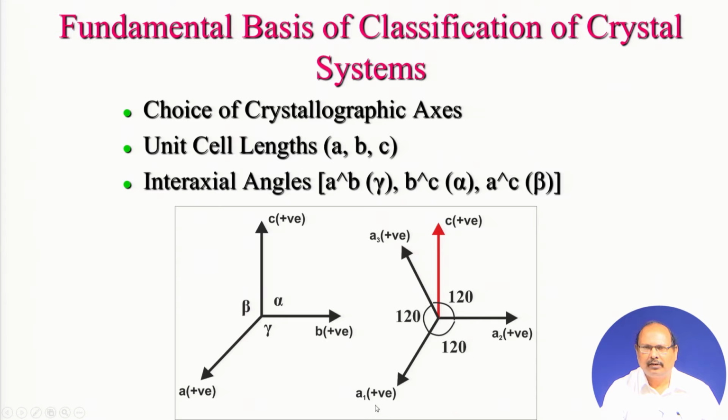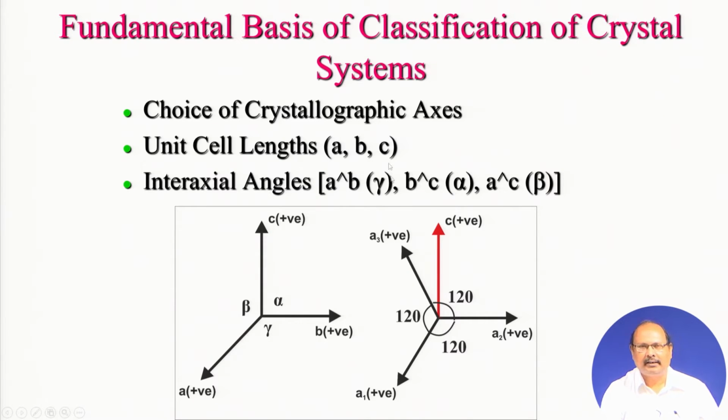So, this is the positive direction of A1, here is the positive direction of A2, and this is the positive direction of the A3 axis. The angle between the 3 horizontal axes A1, A2 and A3 is 120 degrees, and the angle between the C axis and any one of A1, A2 and A3 is 90 degrees.